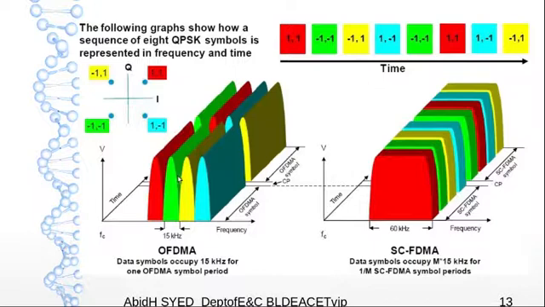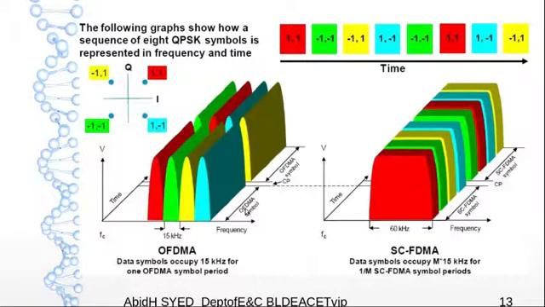Whereas here the OFDMA symbol occupies the same 4 subcarriers, taking 4 symbols into consideration. So this is how the concept differs between OFDMA and SC-FDMA.